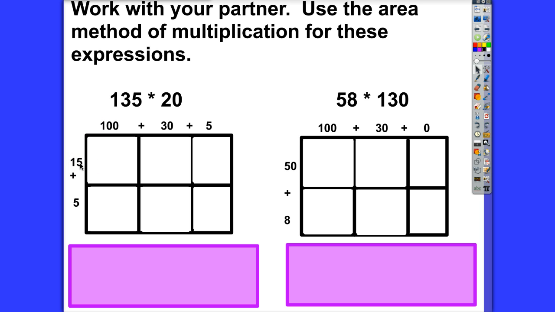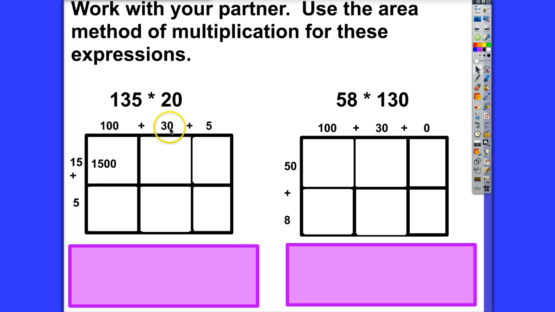Remember, we're going to use mental math to help us do this, so I don't want you looking at 100 and going, I don't know. 15 times 1 is 15, and then you're going to write 2 zeros after. So you would have as your answer, see, there you go, 1,500. Okay? 100 times 15 is 1,500.